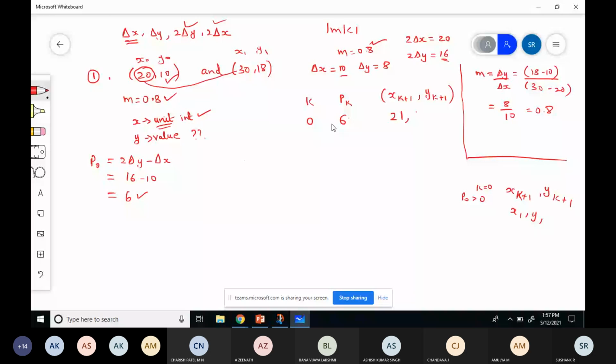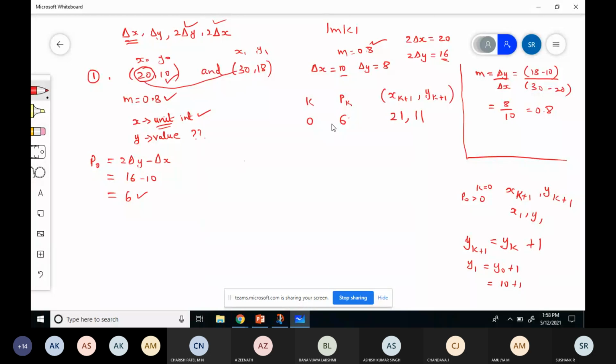Because y of k plus 1 can be written as yk plus 1. Initially yk was 10, that means y0. Substituting k equal to 0, y1 is equal to y0 plus 1, so it will be 10 plus 1, 11. So the first point you will get is 20, 11 comma 21, 11.